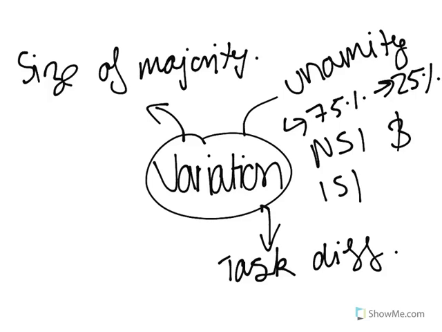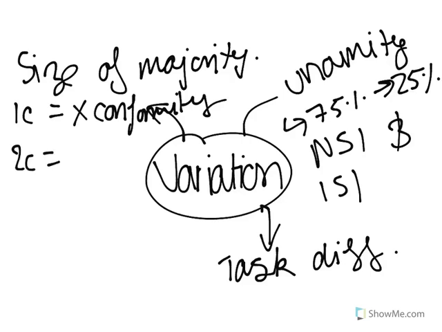And he found that when there was one Confederate, there was no conformity. When there were two Confederates, 12.8% on critical trials conformed, and when there were three Confederates, 32% on critical trials conformed.